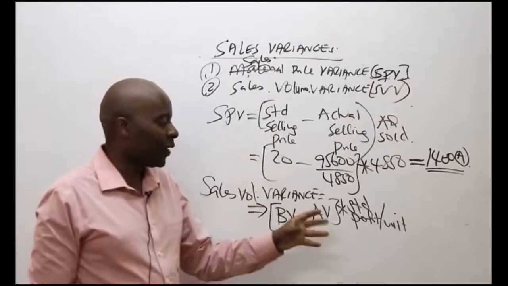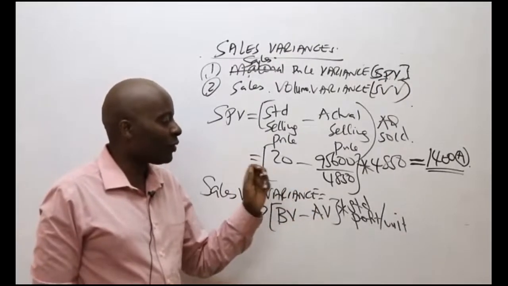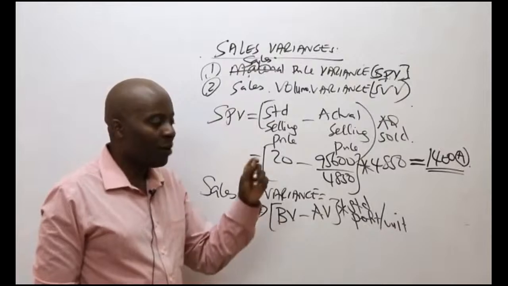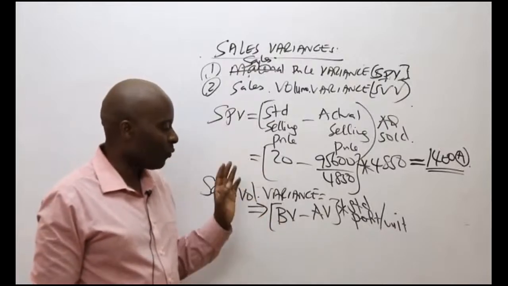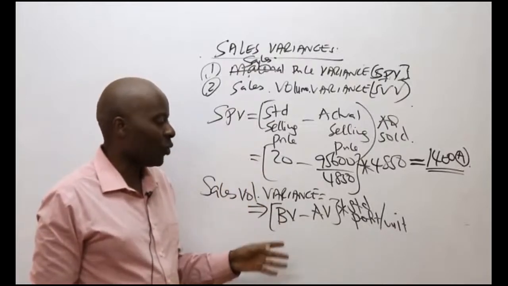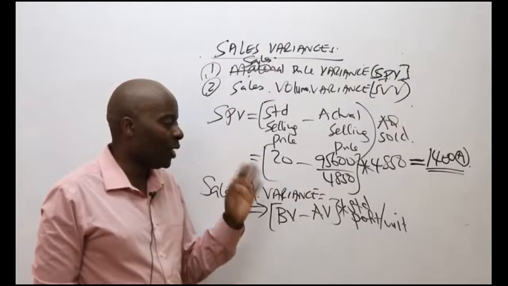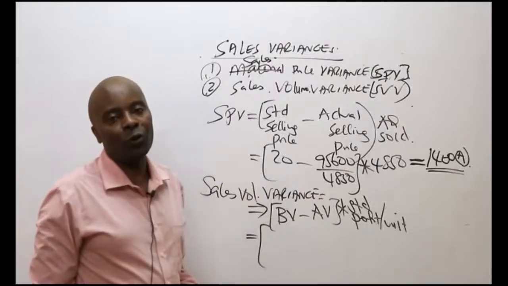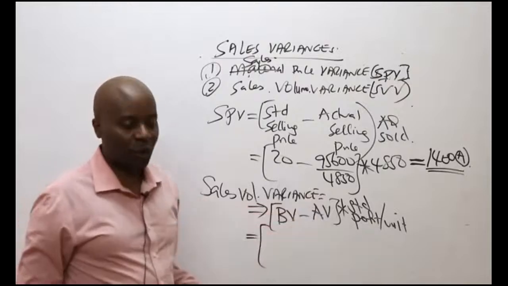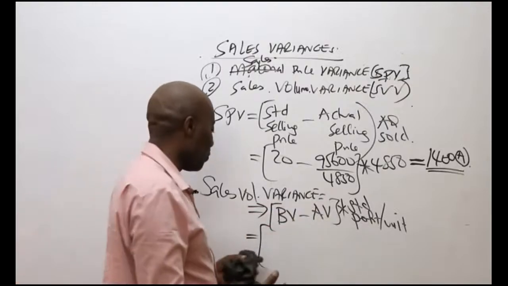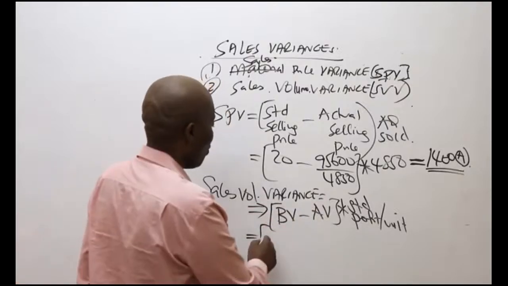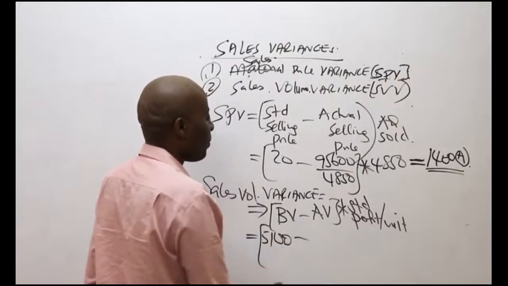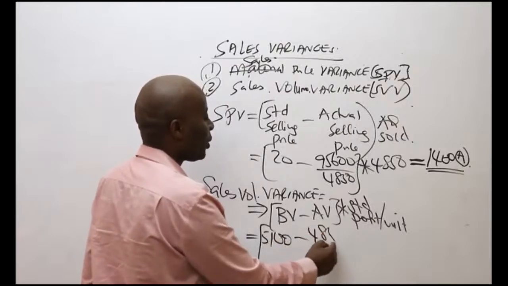This is a funny one because outside here we have the standard profit per unit. So we have budgeted volume minus actual volume times standard profit per unit. The budgeted volume, the volume we were planning to produce, was 5,100, minus the actual volume, which is 4850.